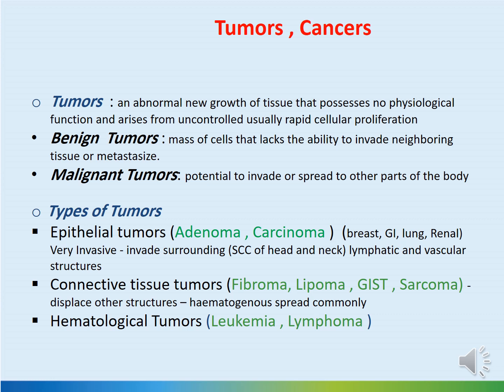Connective tissue malignancies, or sarcomas, spread commonly by hematogenous spread, and distant metastasis is very common in this situation, while we will not see lymph node metastasis.